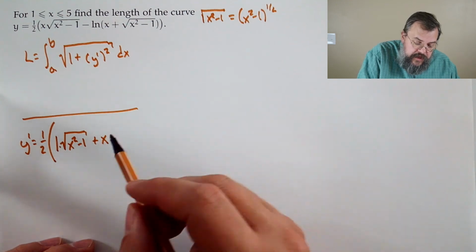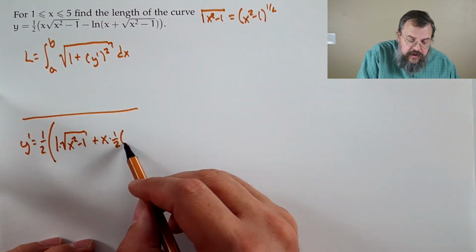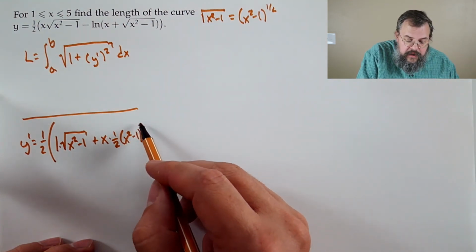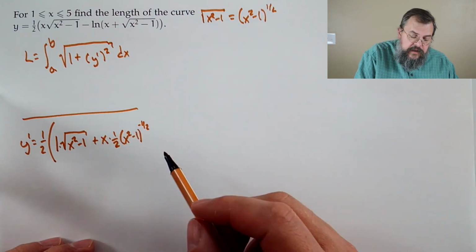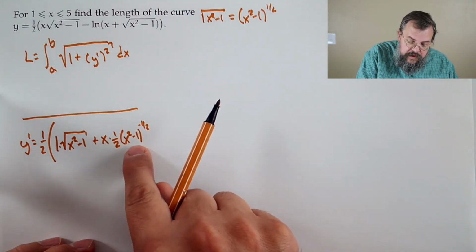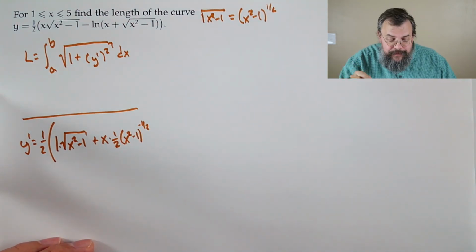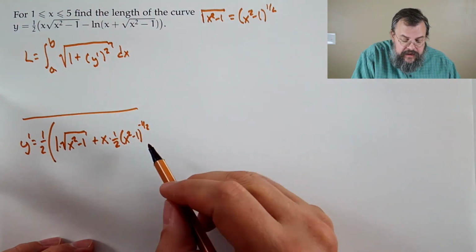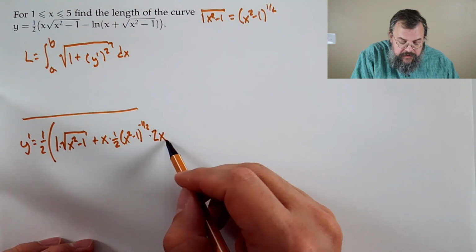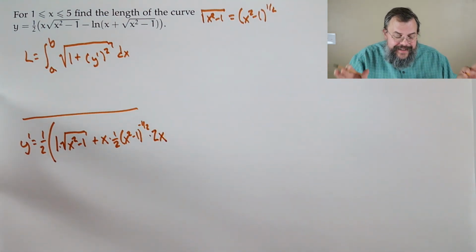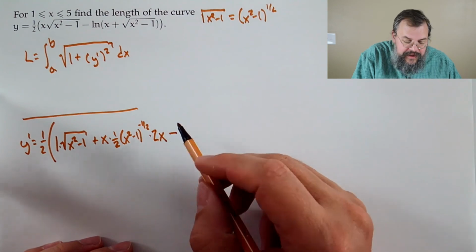So, when we take the derivative, the half comes down. X squared minus 1 to the minus a half. The half comes down, inside, subtract from the power. Don't forget the chain rule. Times the derivative of the inside, so times 2x. Done. Good. Minus.